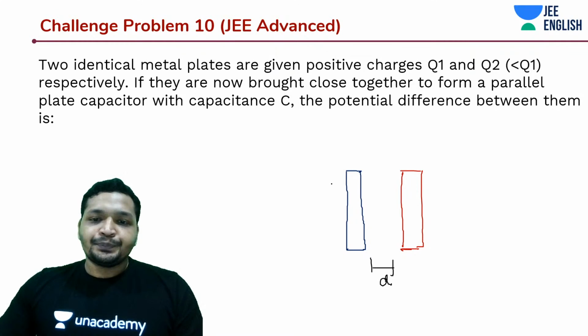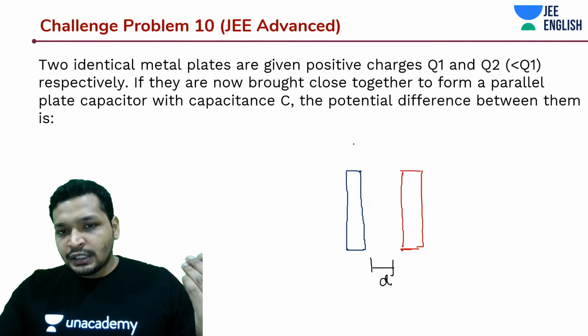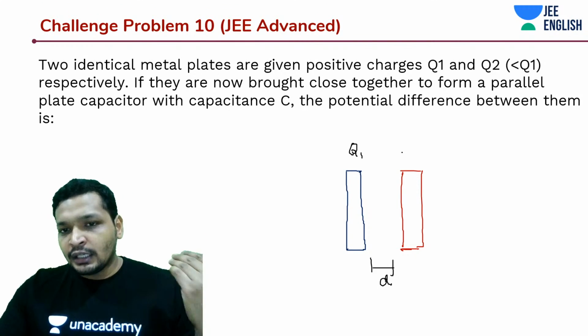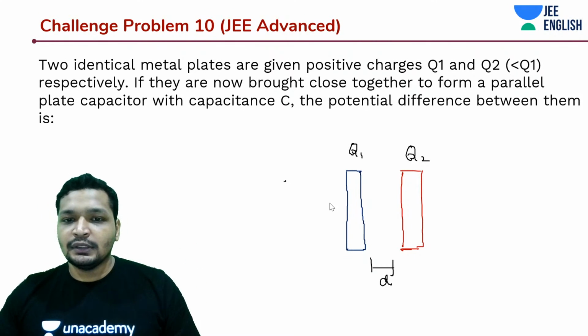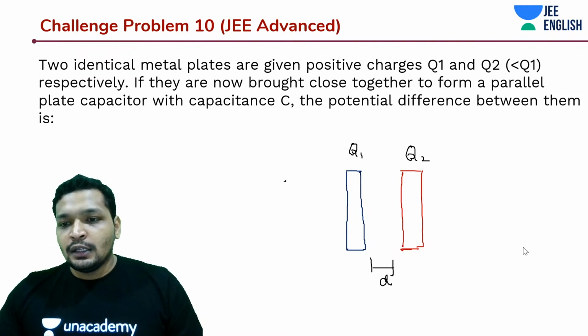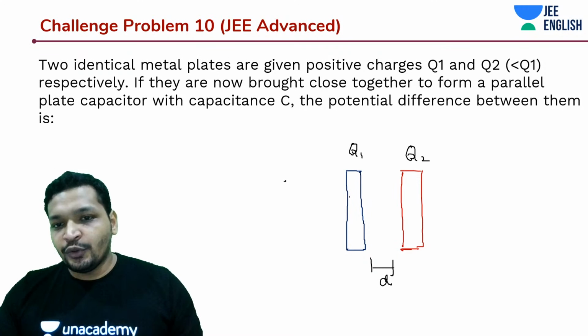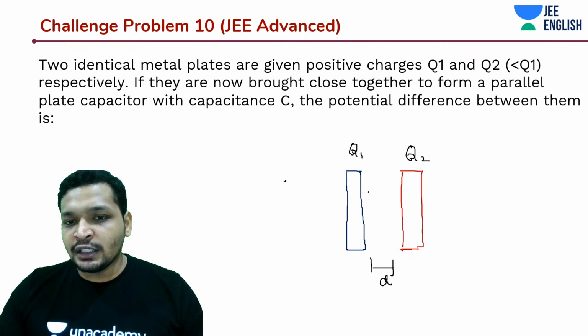Let's see. The standard rule of thumb is that initially it was Q1 and Q2. Do remember this, you need not memorize it. This happens, guys. You can calculate it from the redistribution of charges.